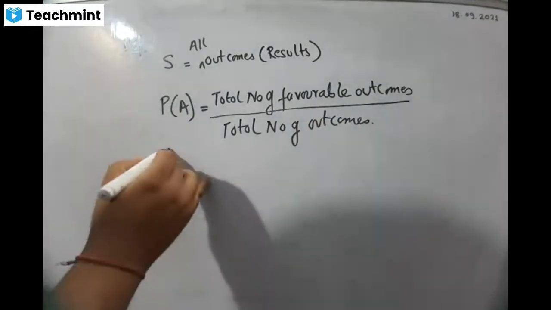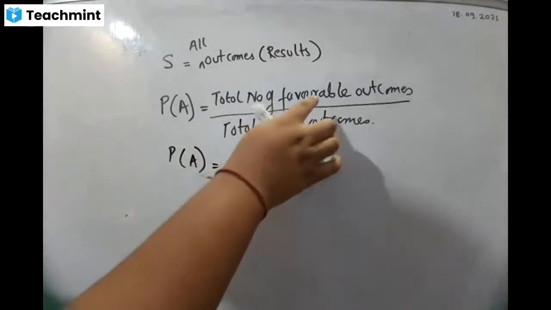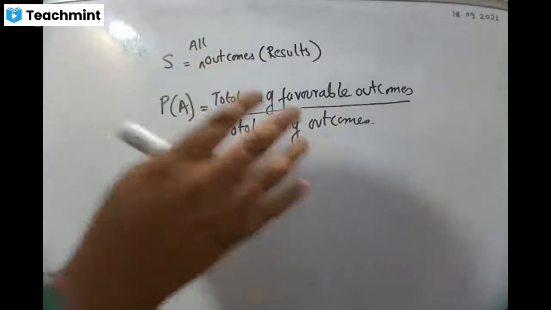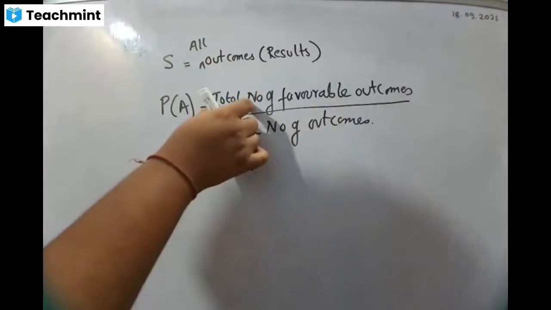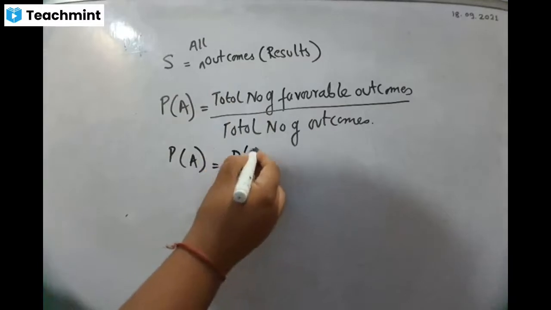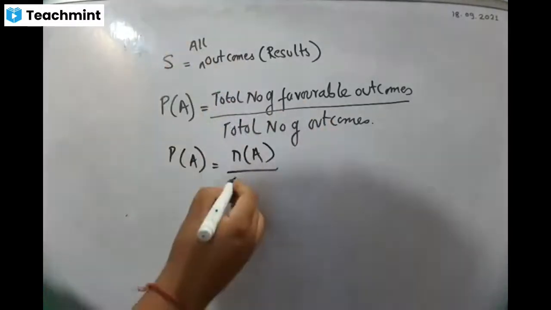Total number of favorable outcomes means all the elements which are favorable to A, which will be denoted by n of A, and the total number of outcomes will be denoted by n of S.